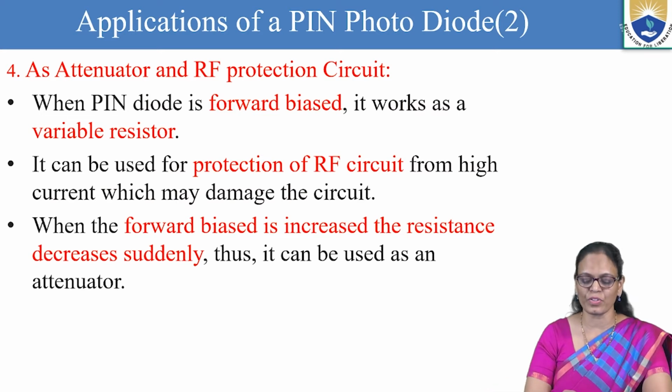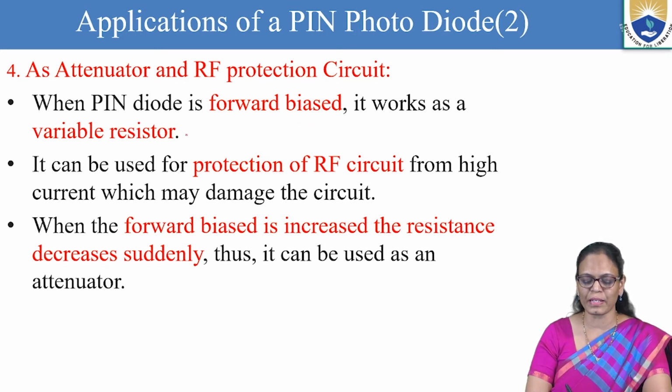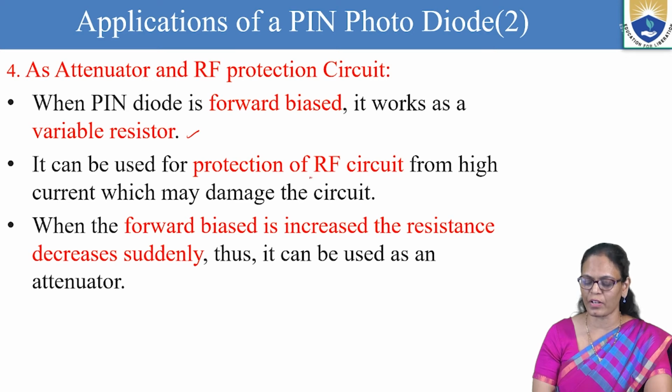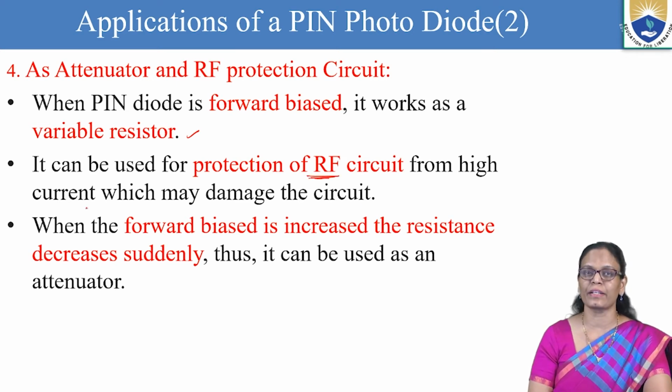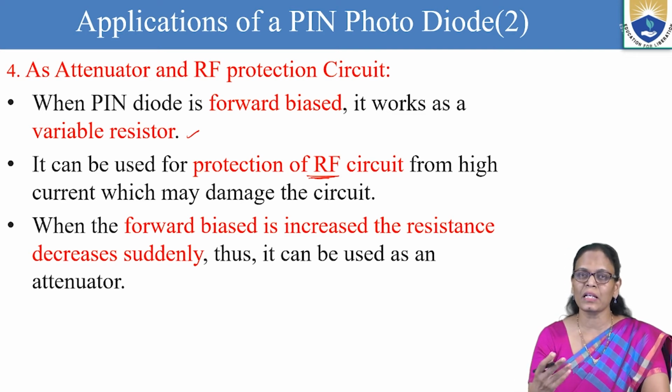Then comes the attenuator and RF protection circuit. When a PIN diode is connected in forward bias, it works as a variable resistor. This we have discussed already. It can also be used for protection of the RF, that is, radio frequency circuit, from high current. Whenever a high current is flowing through the circuit, because the PIN diode acts as a resistor, by increasing the resistance you can lower the current.